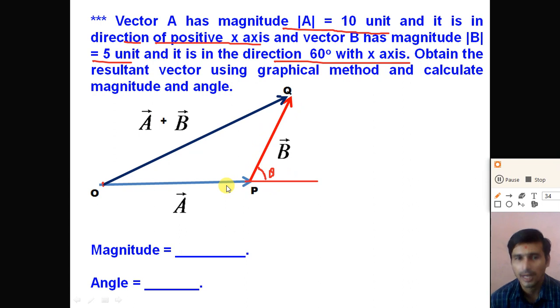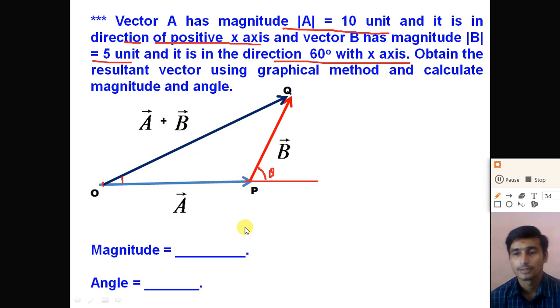Now by joining the tail of the first vector, O, and the head of the second vector, Q, we get a resultant vector R. Measure the length of the resultant vector and write this magnitude. The length of the resultant vector gives its magnitude, and this angle gives the direction of the resultant vector with the positive x-axis.